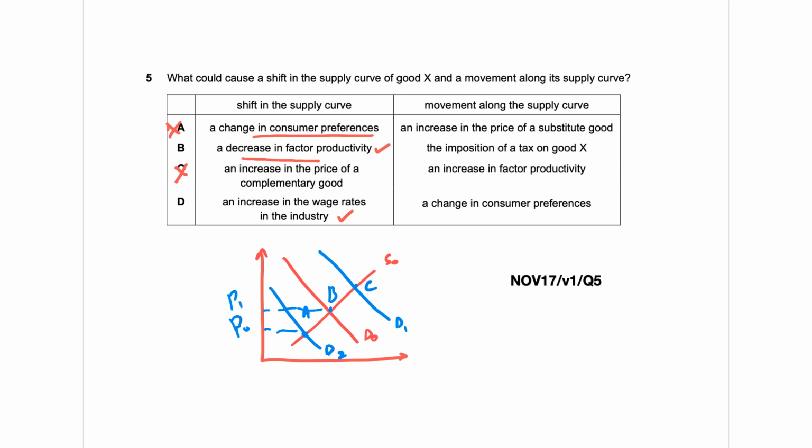So the right answer here would be D, because a change in consumer preference means demand may go up or down, which would be a movement along the supply curve, while a shift in the supply curve will happen because of a change in the cost of production, which is happening because of an increase in the wage rates in the industry.